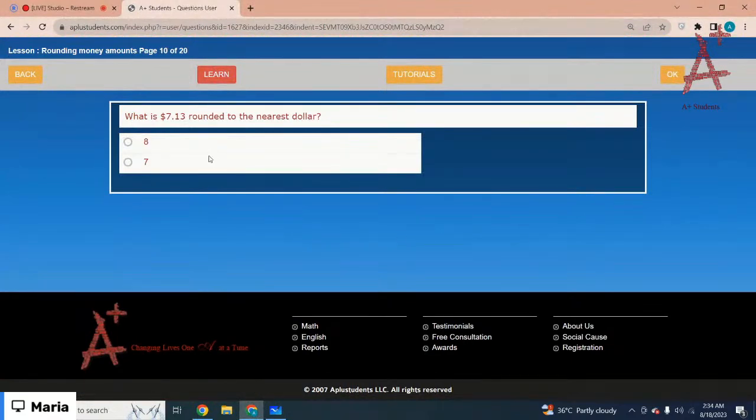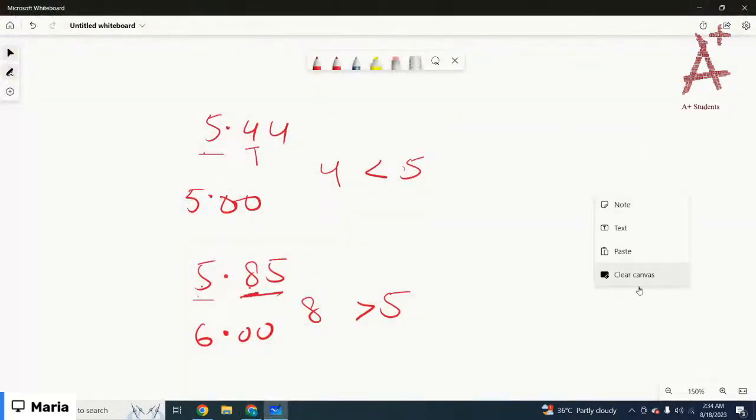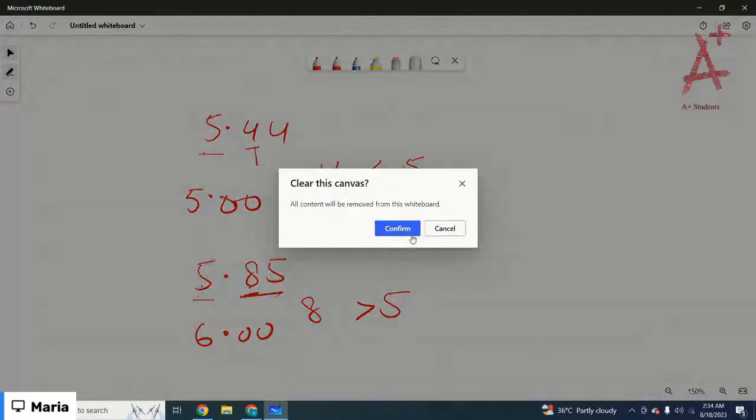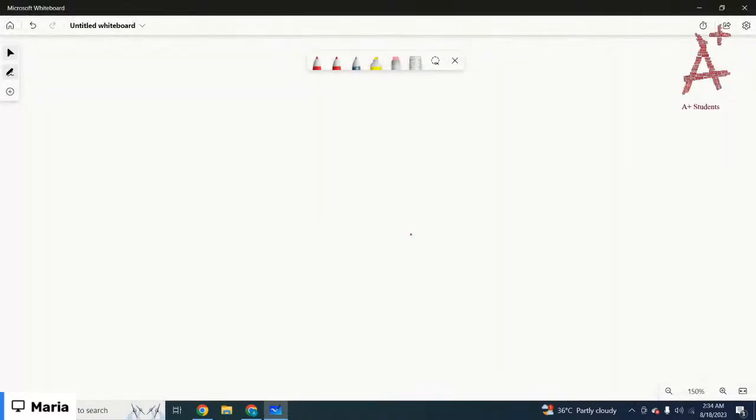What is 7.13 rounded to the nearest dollar? Okay, so you have to round off 7.13. Okay, so here is the dollar, right? So the next digit is 1.